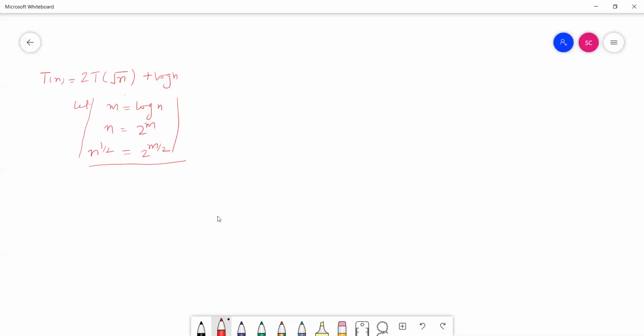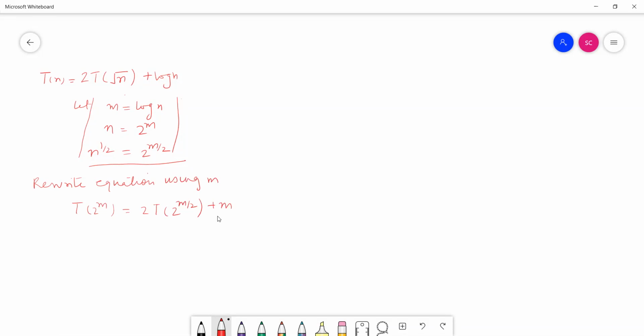Now we'll rewrite the equation using m. So T of 2 to the power m, because n value is 2 to the power m, is equal to 2T of 2 to the power m by 2 plus m, because log n is m.